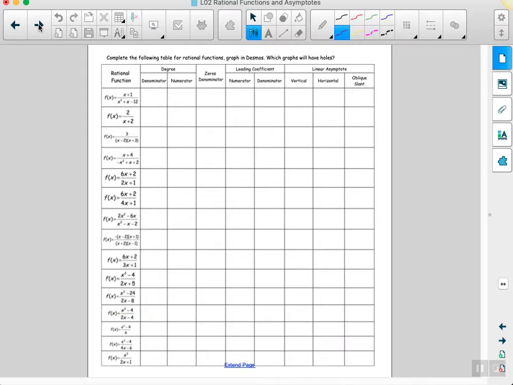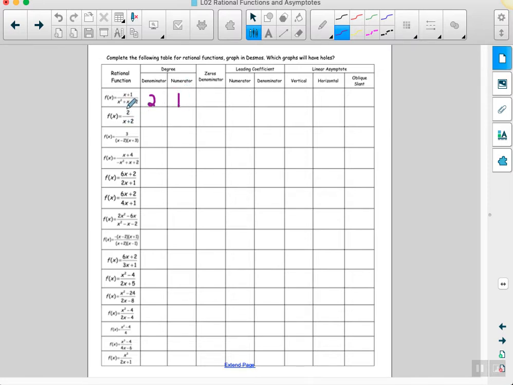And then what I want you to do is, I'm going to suggest you head into Desmos, and you are going to graph each one of these. Let's take a look at the first one, just get some of it going now. The degree of the denominator looks like 2. The degree of the numerator is 1.